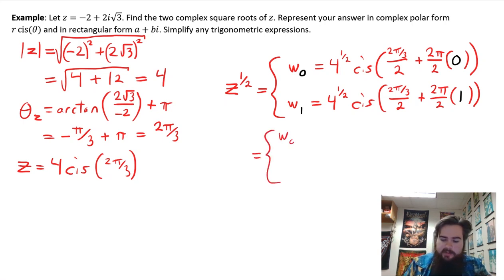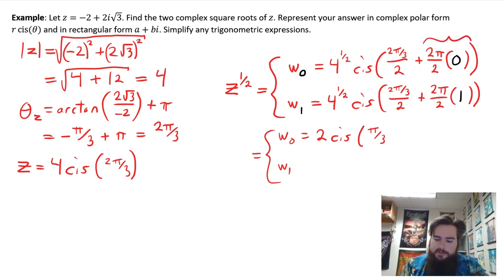If I simplify those, 4 to the 1/2 power is 2. And then 2pi/3 divided by 2 is just pi/3. Plus this term here would just be 0, so that's it for the first solution.